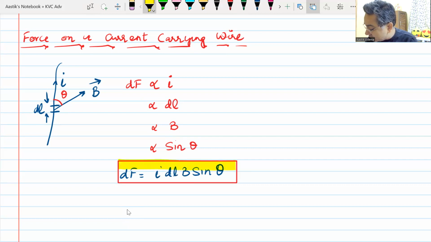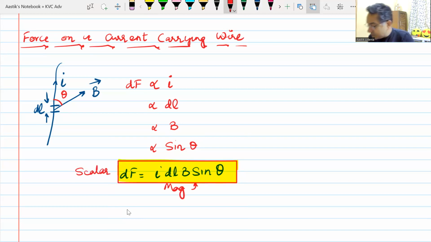This is the force on a current carrying segment of the wire, or current carrying element. Force is a vector quantity. What is this equation going to give me? Will it give me the magnitude, the direction, or both magnitude and direction of force? Only magnitude, and therefore I will call it the scalar equation of force.